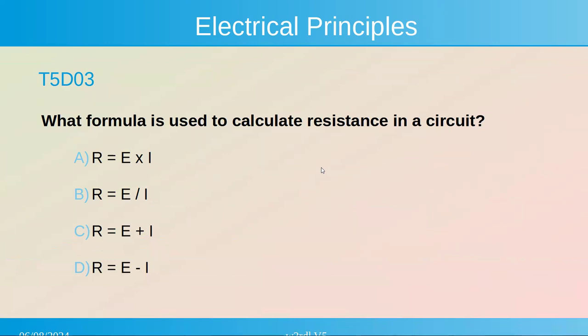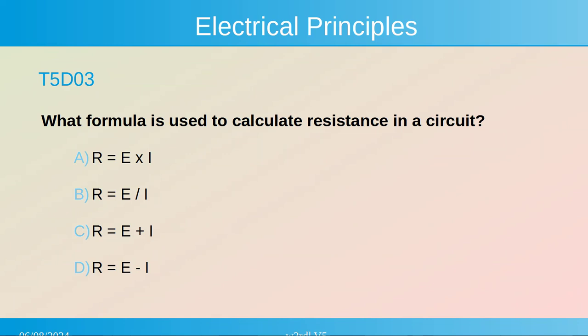Try it again. What is used to calculate resistance? Calculate resistance. Remember, you've got E over I and R. You want R. What's that leave? Put your finger over R, what's left on the diagram?